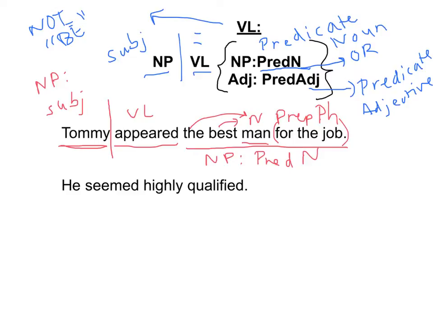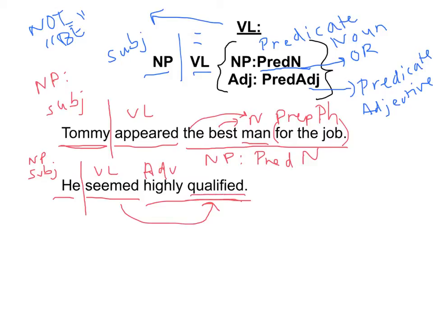Okay? How about in this sentence? He seemed highly qualified. Who is doing the action? He is doing the action, so he's our subject. What is his verb? He seemed. This is our VL. And then what did he seem? He seemed qualified. So all of this together, even though this is an adverb describing this adjective, the main word in this phrase is qualified.